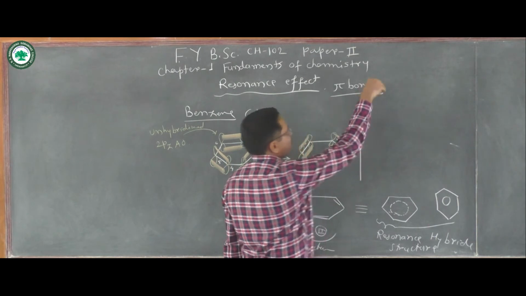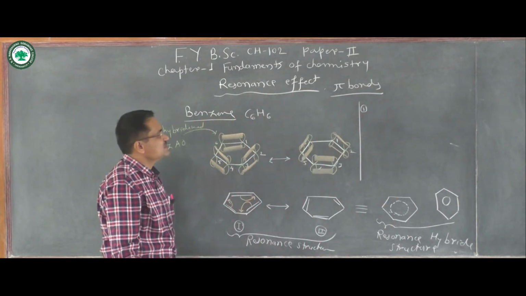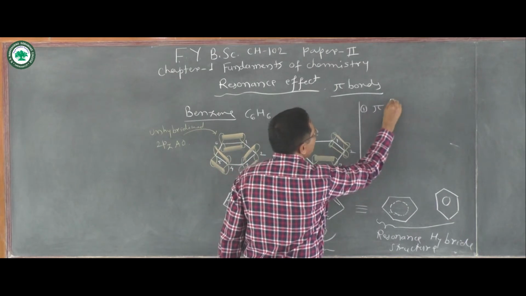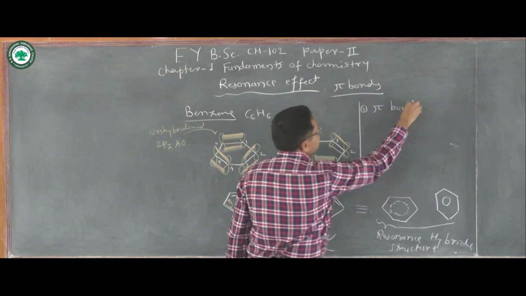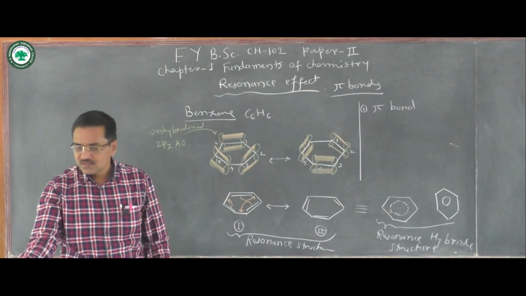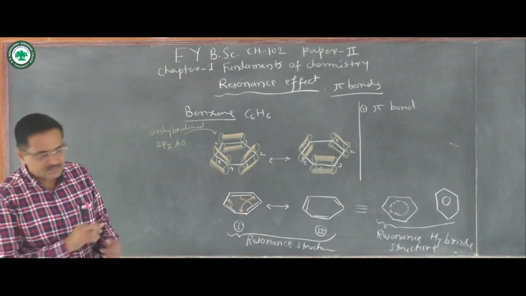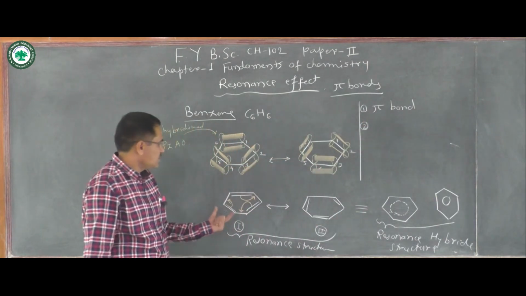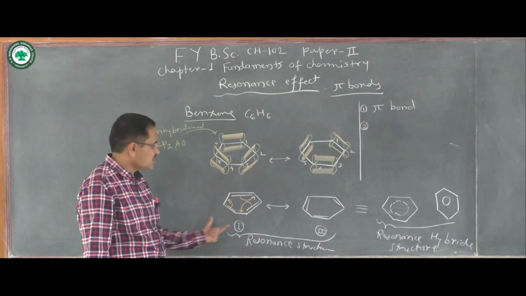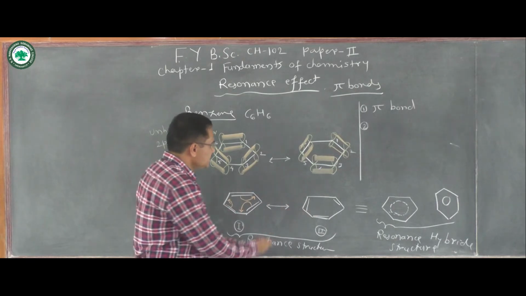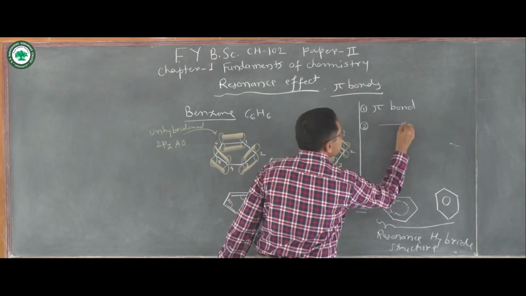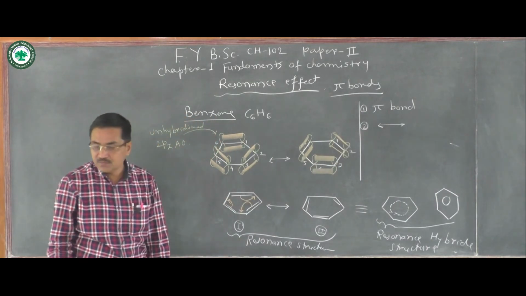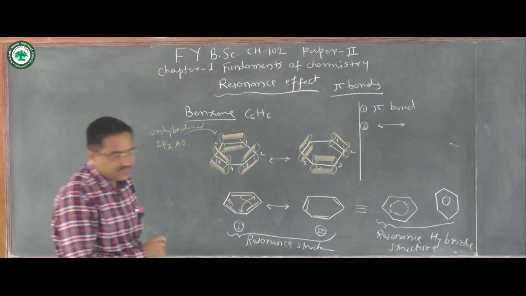First one, resonance structure is related to pi bond. Second thing is that one form is converted into another form, and it is shown by a double-headed arrow.